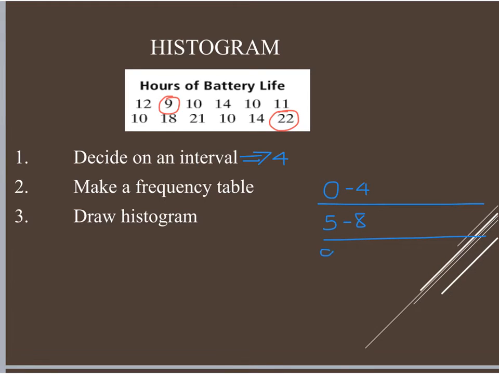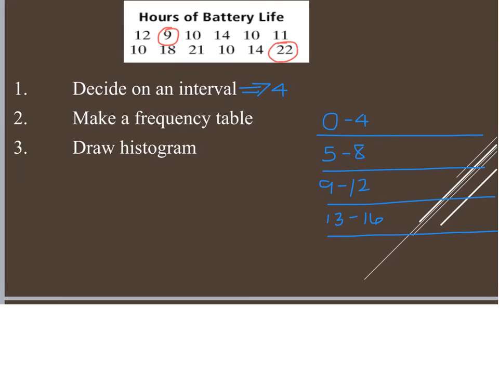I'm going to look at 9 to 12, 13 to 16, then we'll do 17 to 20 and 21 to 24. So in my frequency, I just have to make sure that my ending interval at least captures my highest number.